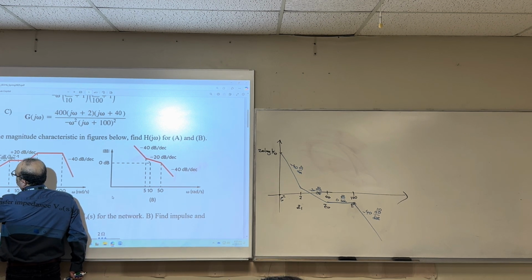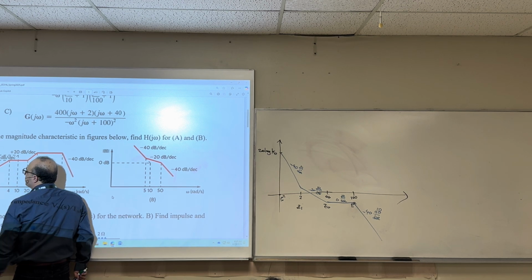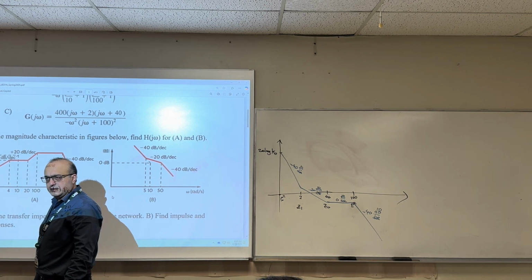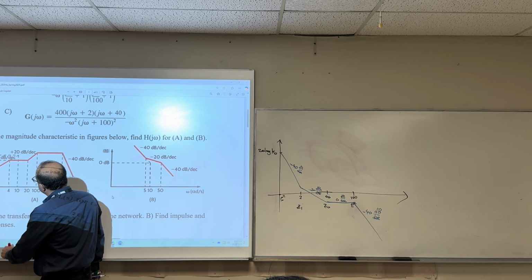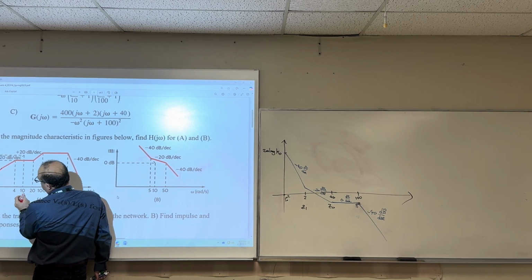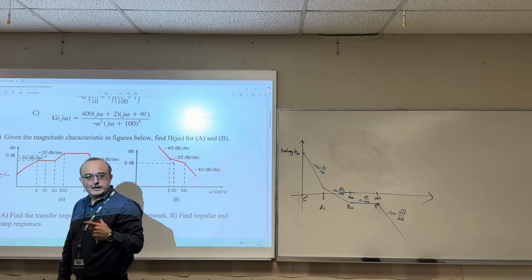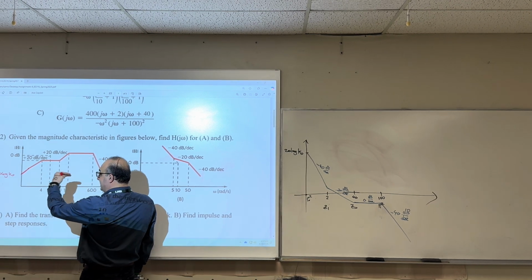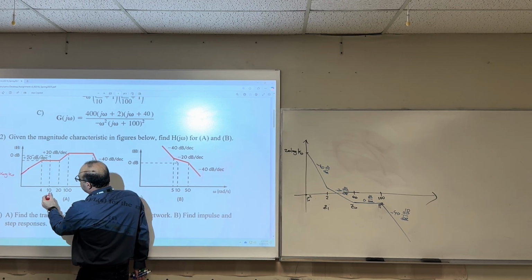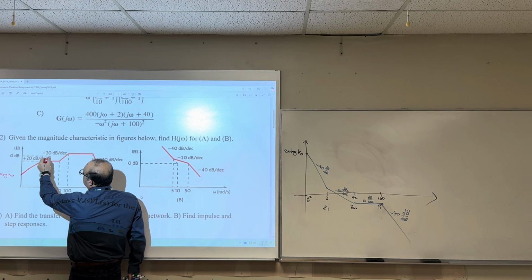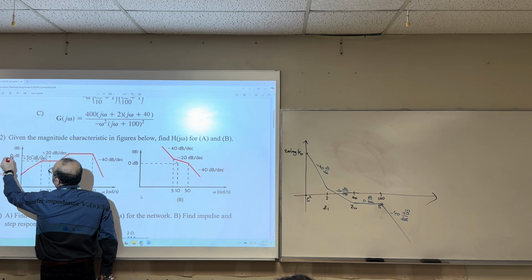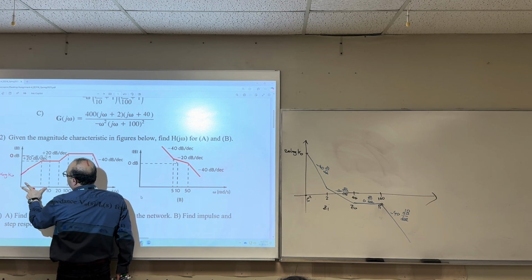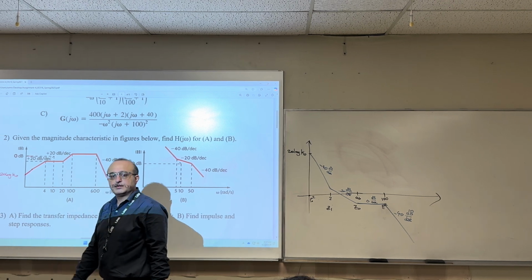It's going to be 20 log of K0, but we don't know the value. From here we can calculate it because decade matters. The slope is dB per decade. At 10, you see it is 0 dB. For 1 decade, it's going to be 20 log.